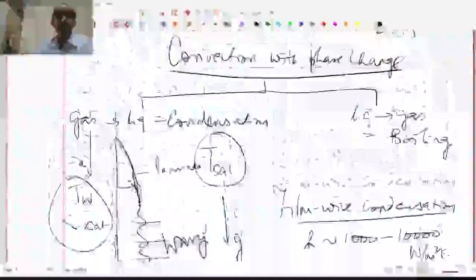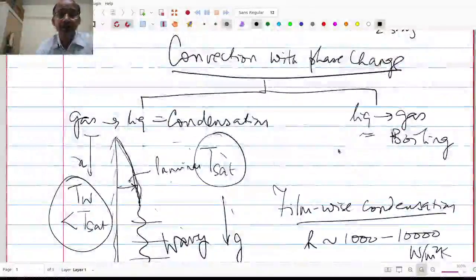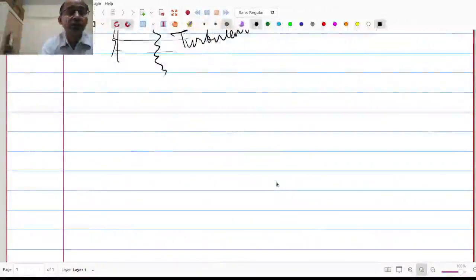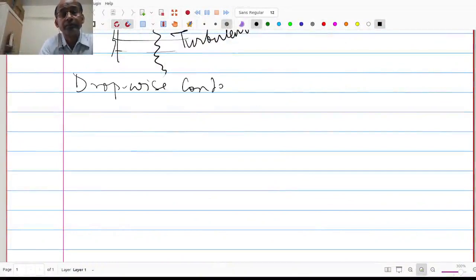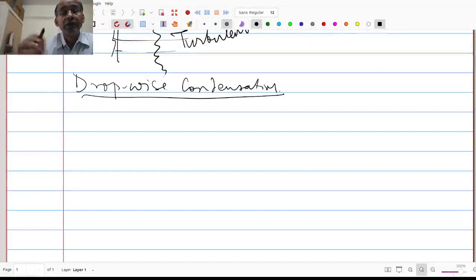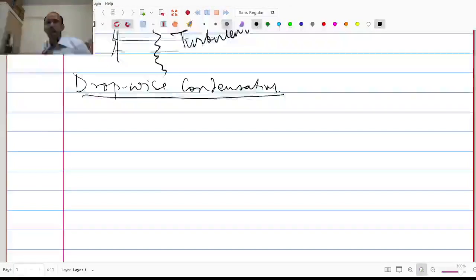The other kind of condensation, so in condensation you can have film-wise condensation, and the other condensation that we can have is what we call dropwise condensation. So what is dropwise condensation? In dropwise condensation, the surface tension between the liquid droplets that are formed and the surface is quite high.